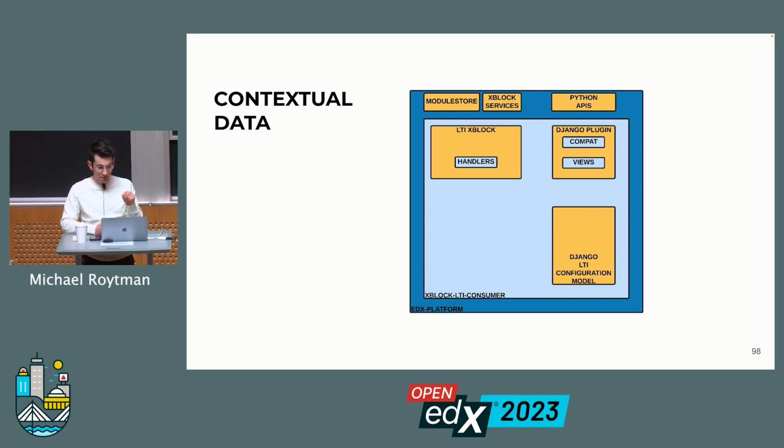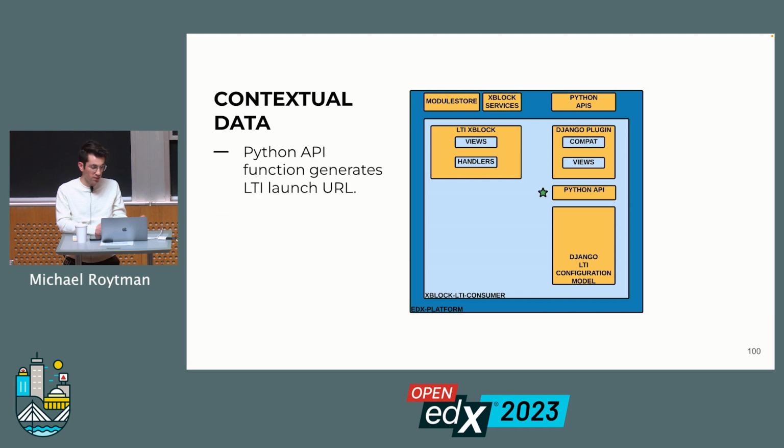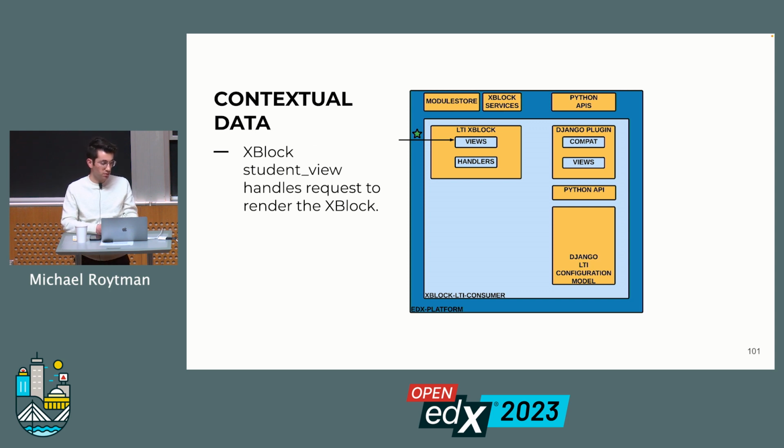We still have this diagram. I'm going to add in 2 more pieces. We've got the views for the student view that renders the XBlock in the LMS, and then just for clarity, the Python API, and that's where that API function comes from to generate the launch URL. When a learner visits a component in the LMS, eventually the student view will handle the request.